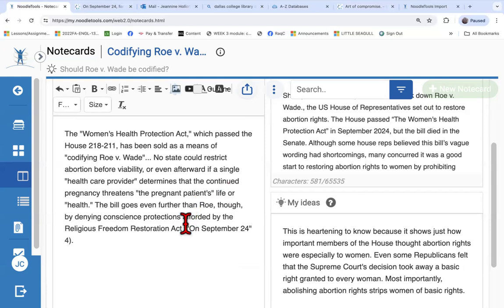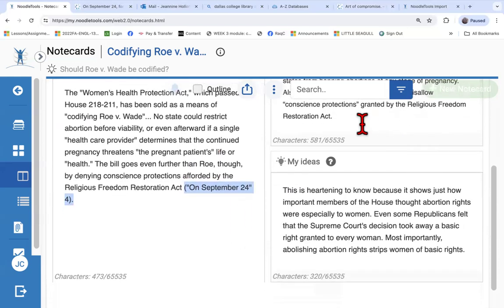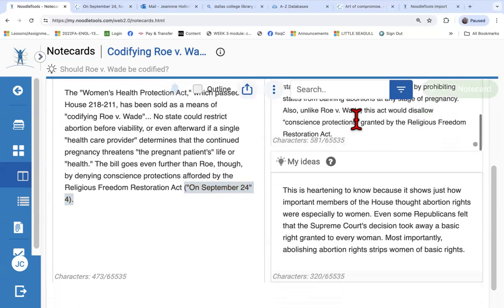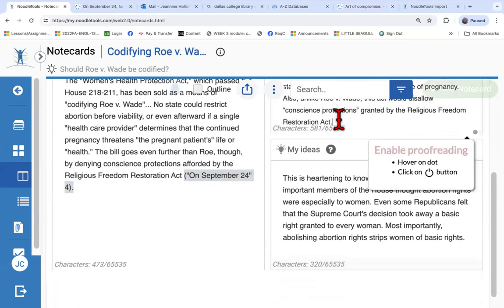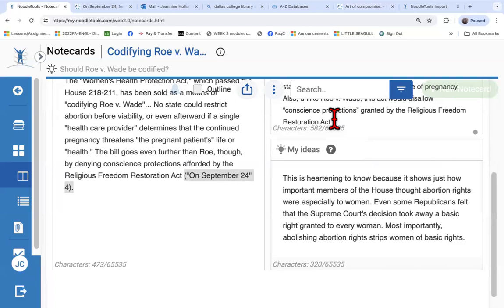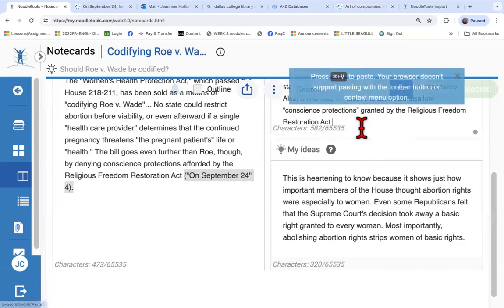Now, once you've done that, copy this, because at this point, you don't know if you're going to use the paraphrase or you're going to use the quote. After "act," you're going to put a space and then just paste that over there.